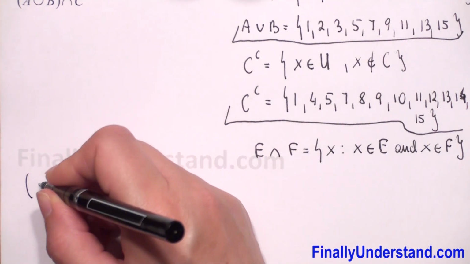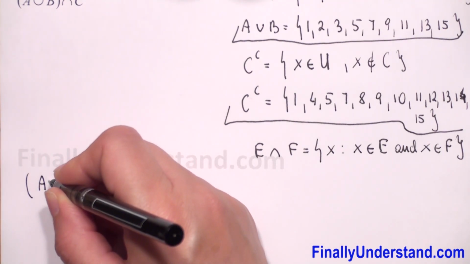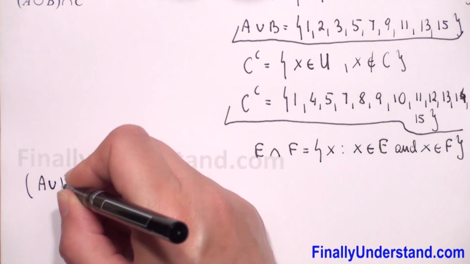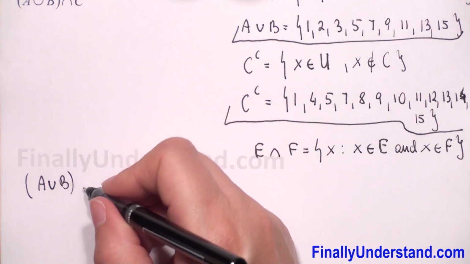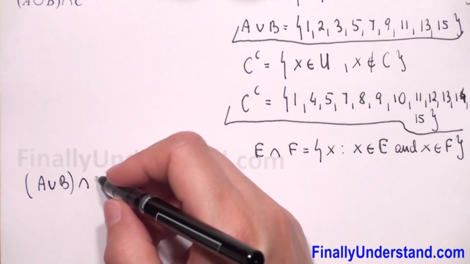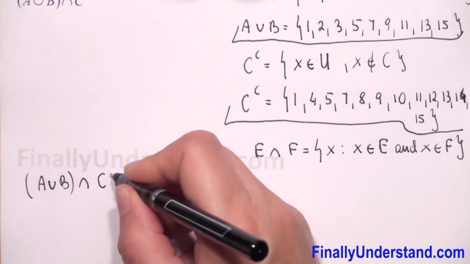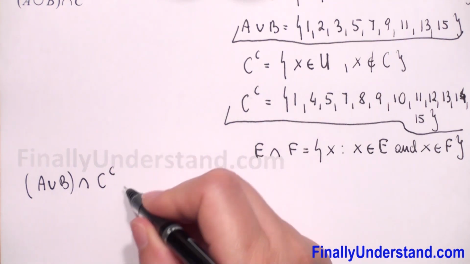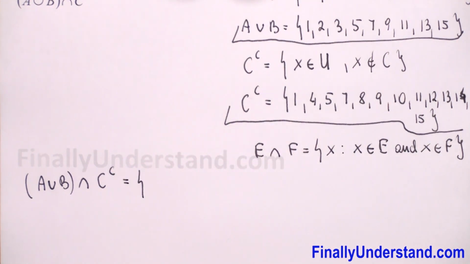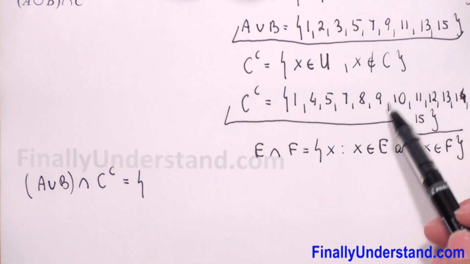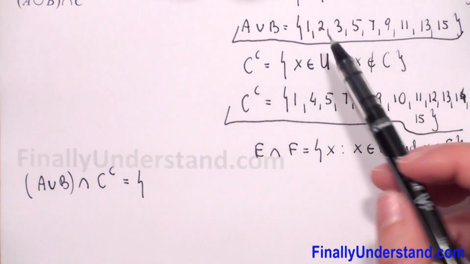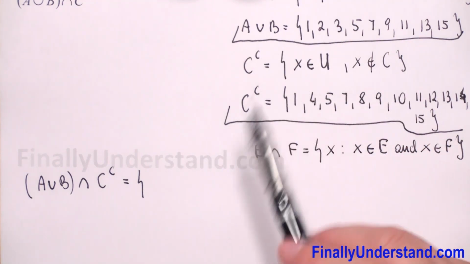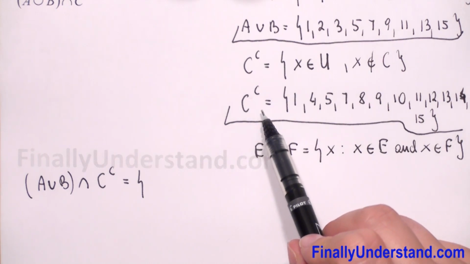We have in parentheses the union of A and B and we have intersection with complement of C. So this is equal, like I said, we have to choose all elements which repeat in union of A and B and in complement of C.